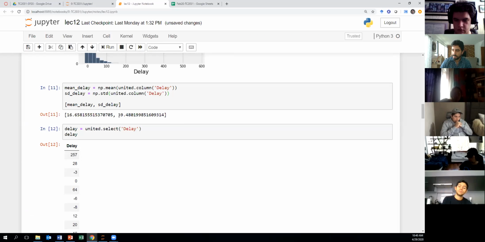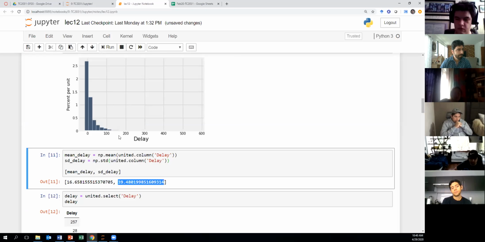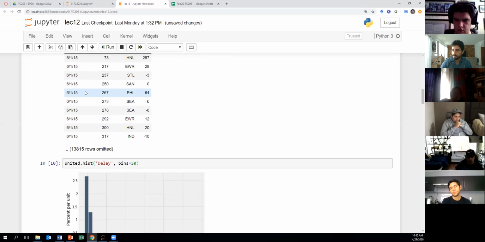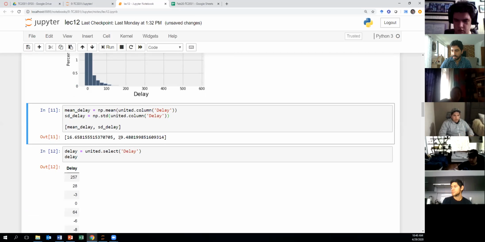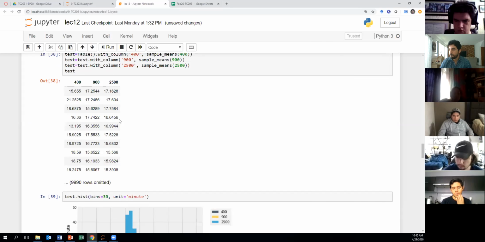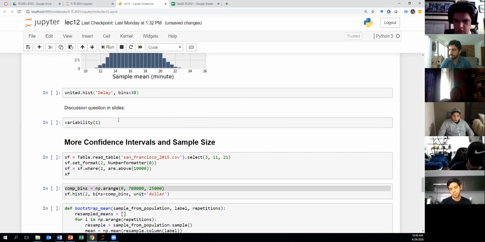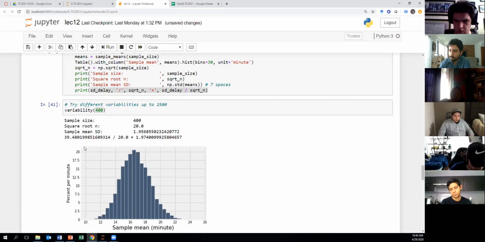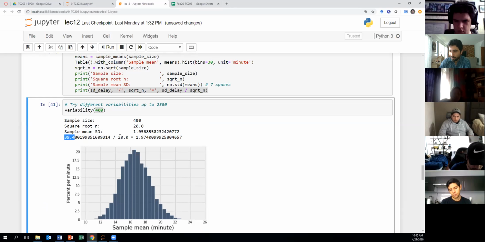If you remember, considering all those 14,000 rows, it is almost 39.5. So if I go here, what we did is take the standard deviation of my population divided by the square root of my sample size, which is 20, and you end up with this number. You can see this is pretty close to what we expect to see, right? Based on the equation that we saw.